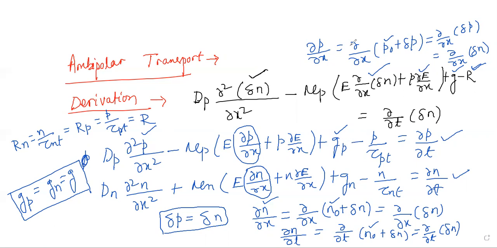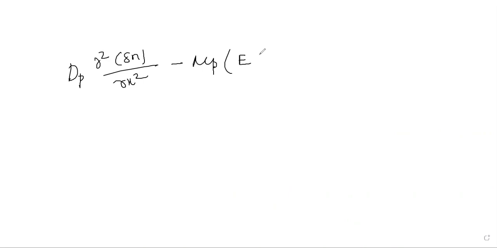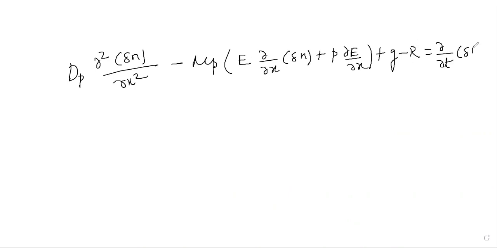Let us rewrite the equations once again. It can be written as D_p del square of delta n by del x square minus mu_p E del by del x of delta n plus p del E by del x plus G minus R is equal to del by del t of delta n.